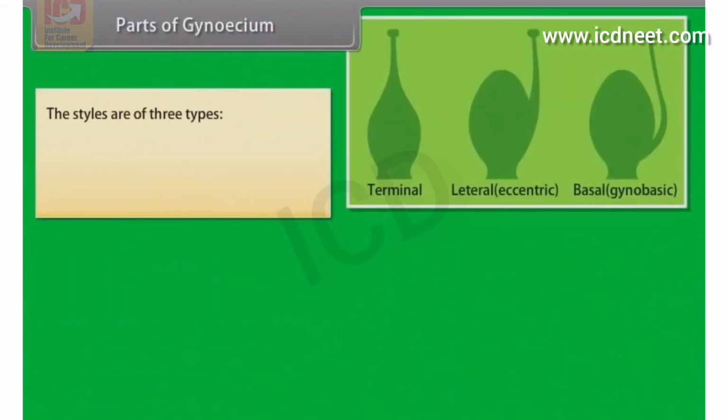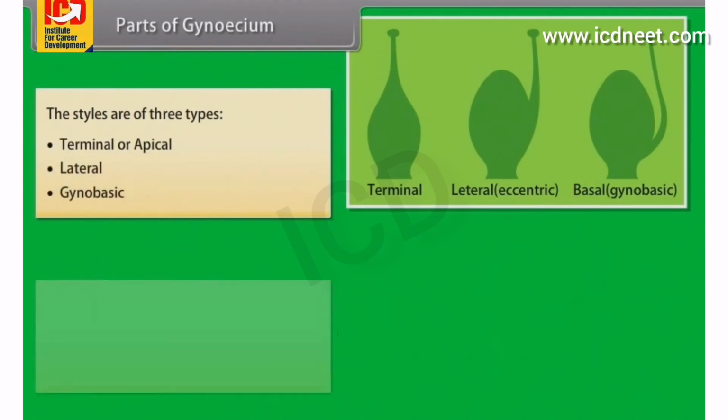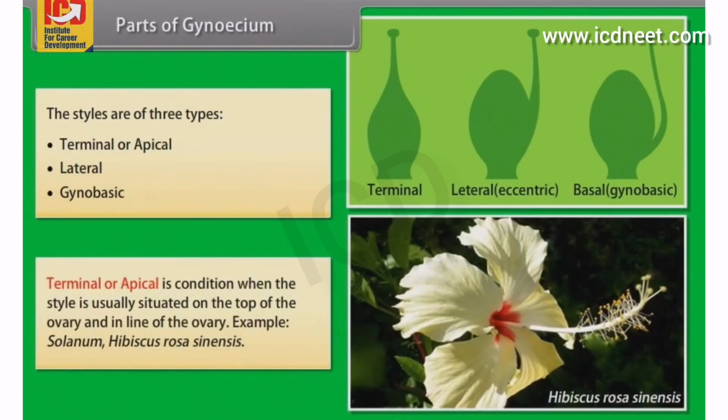The styles are of 3 types: terminal or apical, lateral, gynobasic. Terminal or apical is the condition when the style is usually situated on the top of the ovary and in line of the ovary. Example: Solanum, Hibiscus rosa-sinensis.